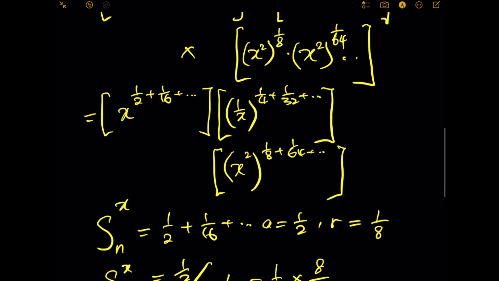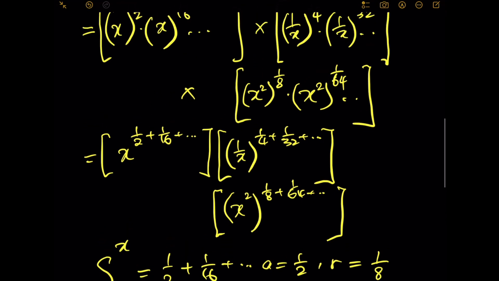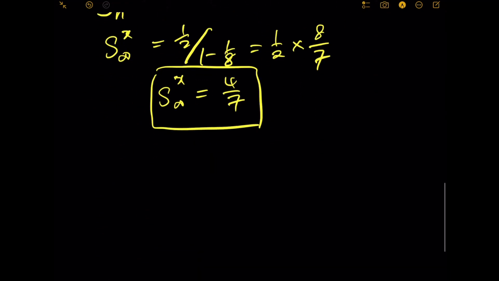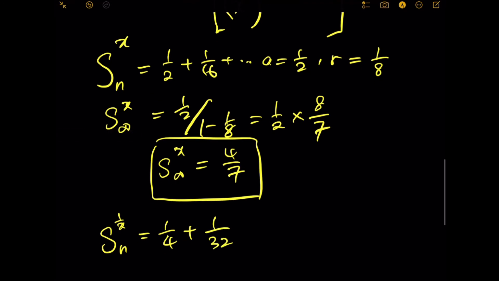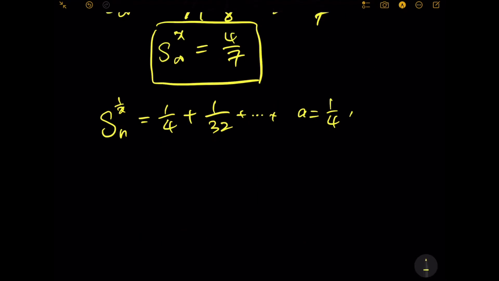Now let's do the other series, for 1 over x here. As for 1 over x, it starts with 1 over 4 plus. So we know the first term a is 1 over 4 and the common ratio is 1 over 8.